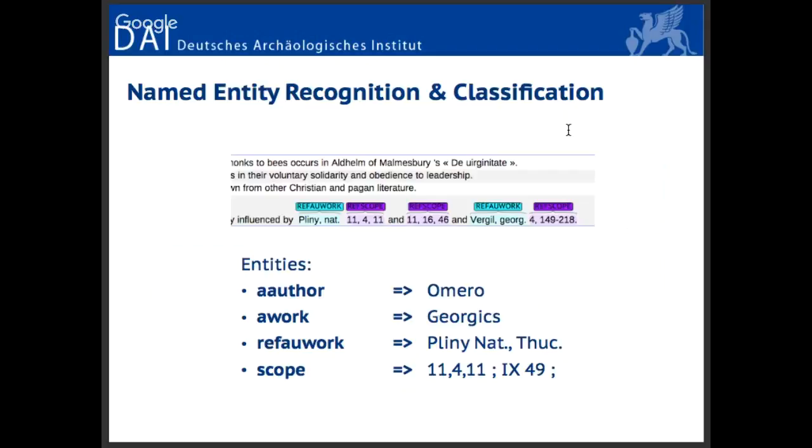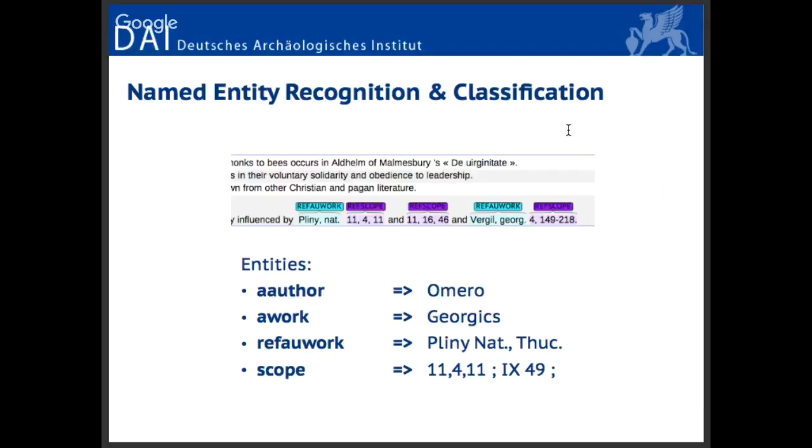In order to cope with this problem that I described before, of references becoming more fuzzy in a natural language context, I decided to model them as a combination of named entities. So instead of modeling the reference as one monolithic entity, I split it into components. And this makes it quite easy to represent more complicated cases, like this one, which is not very complicated, but already gives an idea.